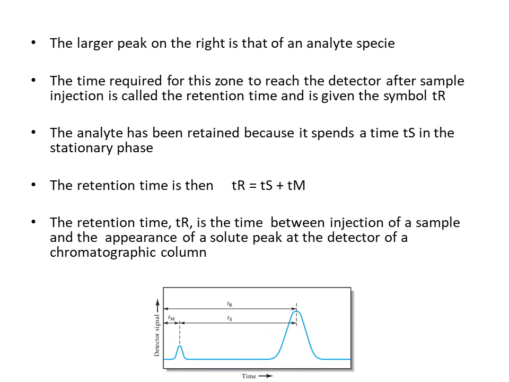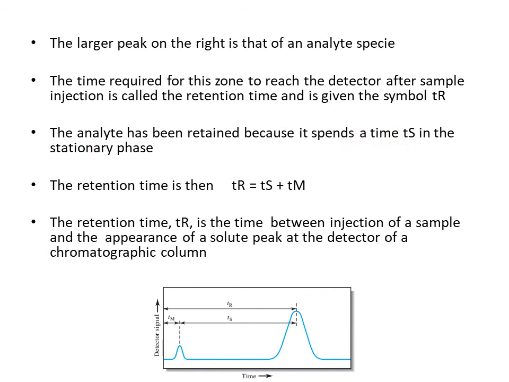The time required for this zone to reach the detector after sample injection is called the retention time, given by the symbol TR. It means the time between the injection of the sample and its appearance at the detector. The analyte has been retained because it spends time Ts in the stationary phase.